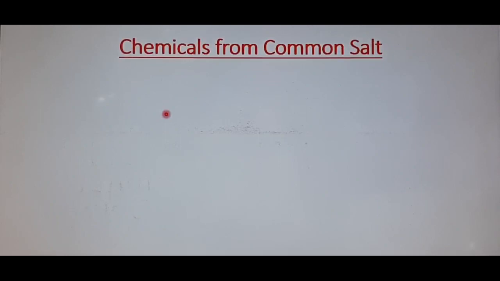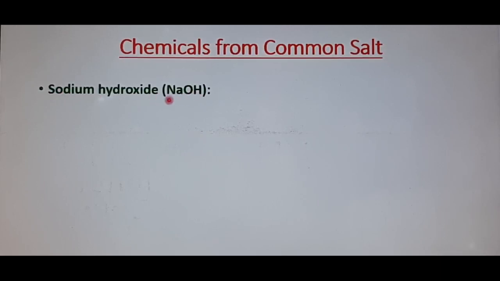So in this chapter we have to do the preparation of some chemicals which have been prepared from common salt. Common salt is sodium chloride, NaCl. If you want, you can make notes side by side. The first substance which we are going to do is sodium hydroxide.